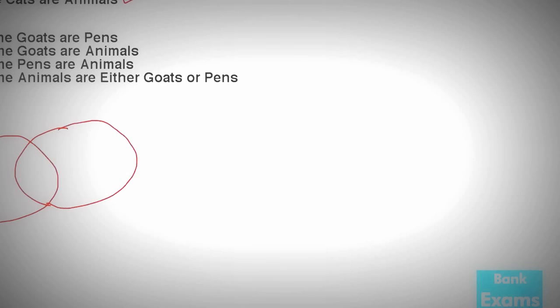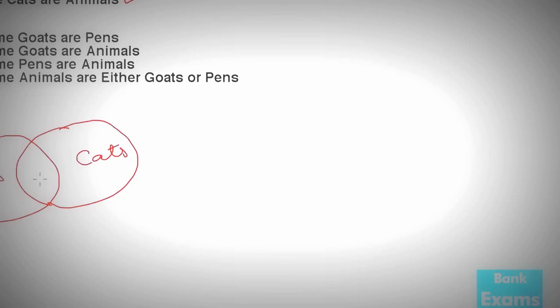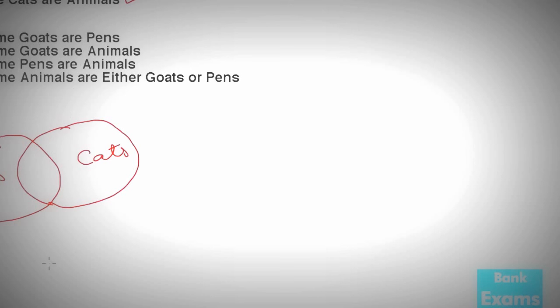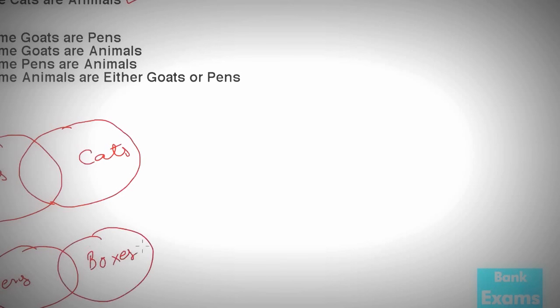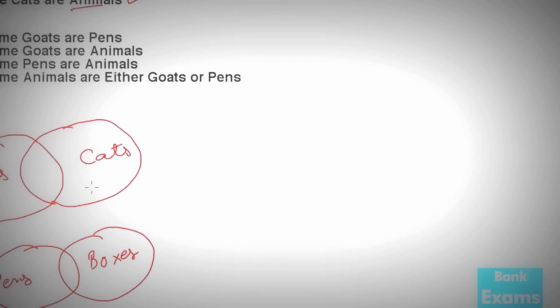That means a part of goats are cats and a part of cats are goats. And some pens are boxes. Some cats are animals.